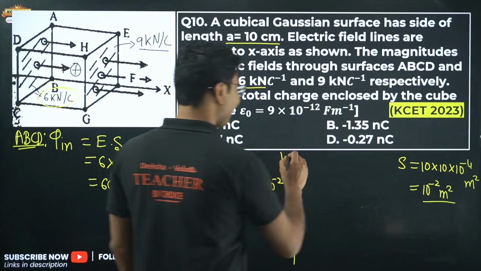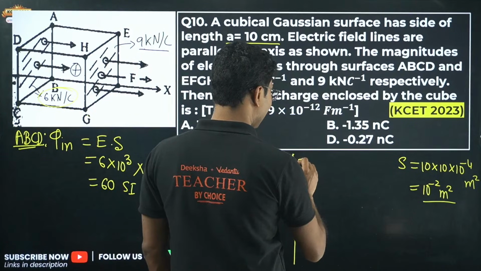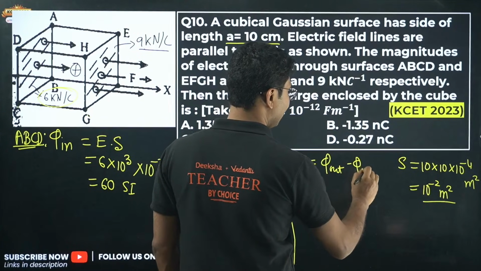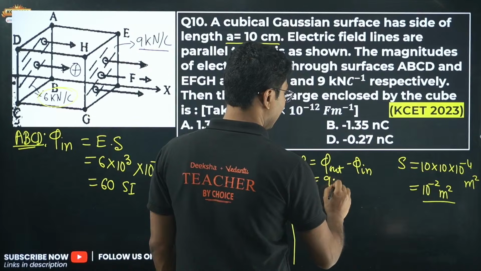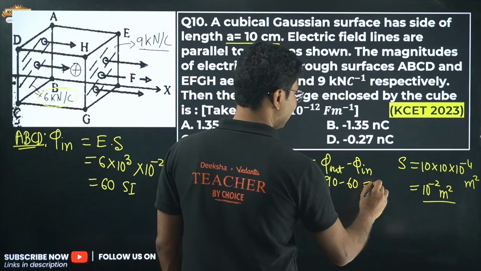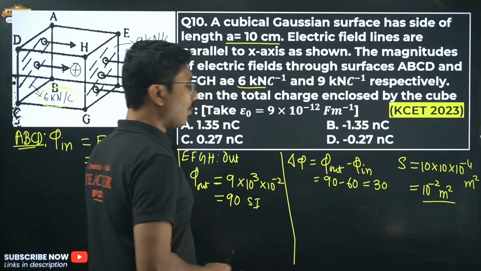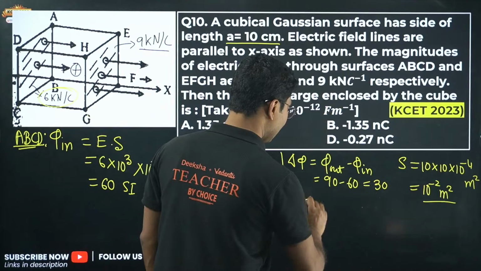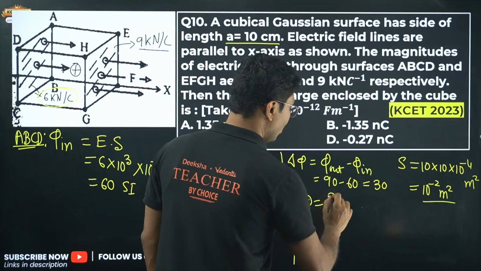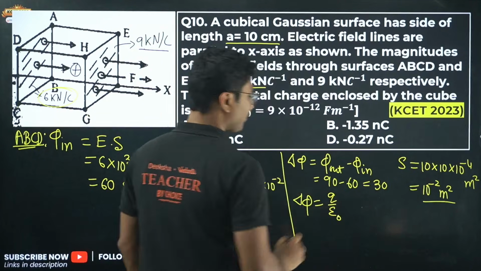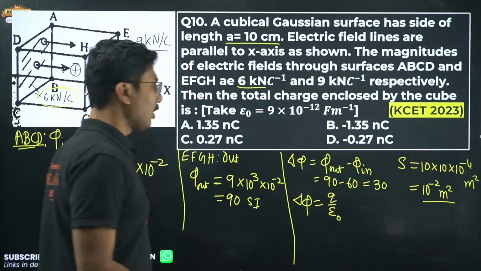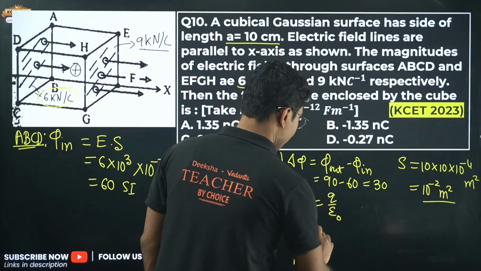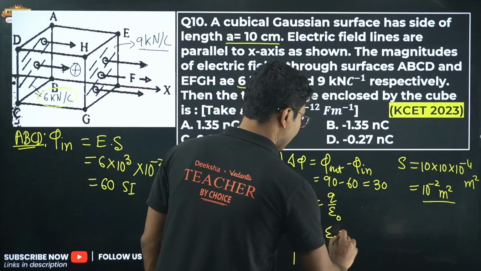What is the net flux? Net flux here is phi out minus phi in, which is 90 minus 60, that is 30. Now the flux is obviously Q enclosed upon epsilon naught. So Q enclosed must equal epsilon naught times phi.